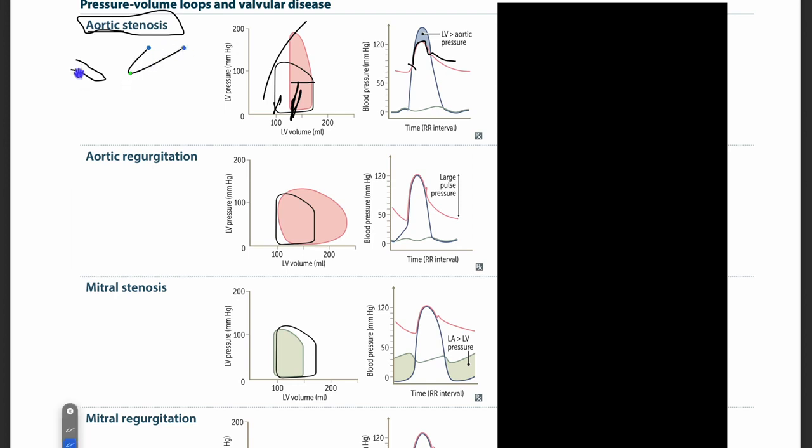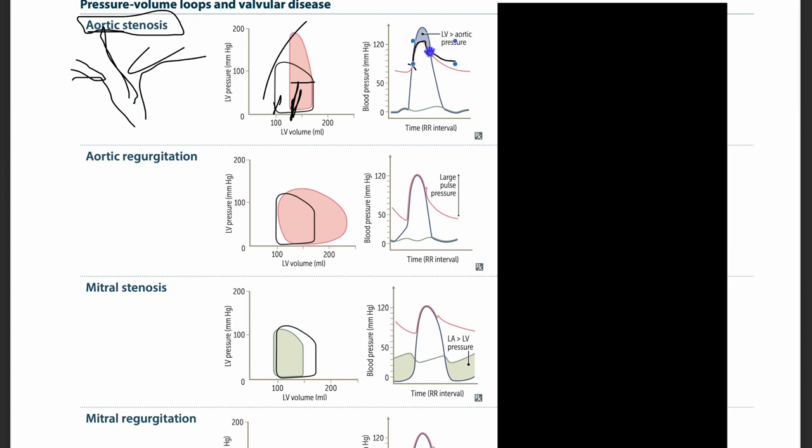So the valves are going to take a hit for that, and only a lesser amount of pressure is transferred to the aorta. That's why you have the left ventricle pressure more than the aortic pressure.